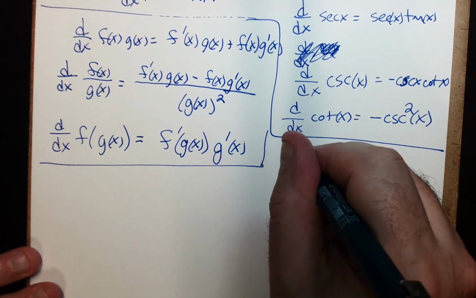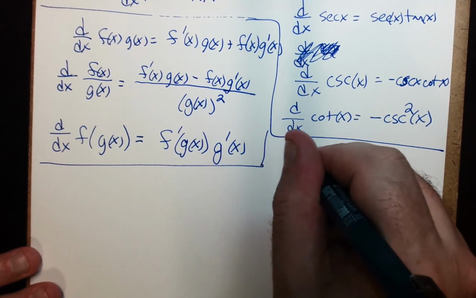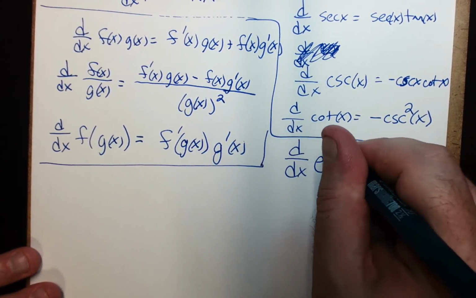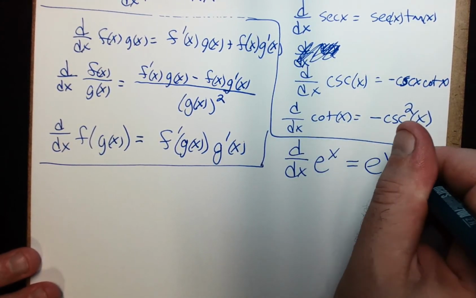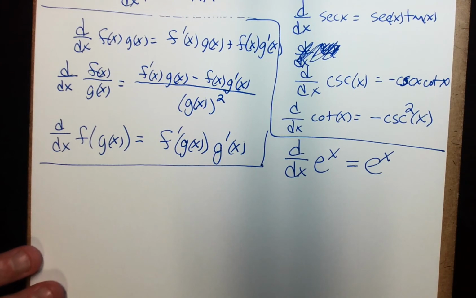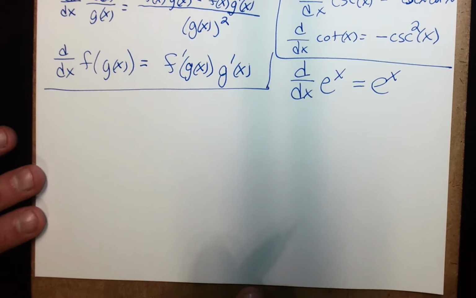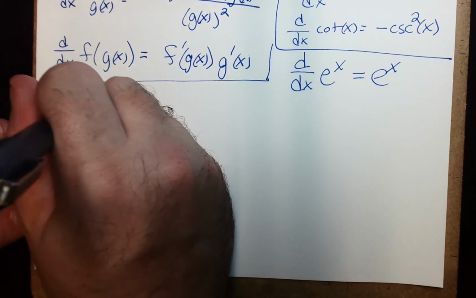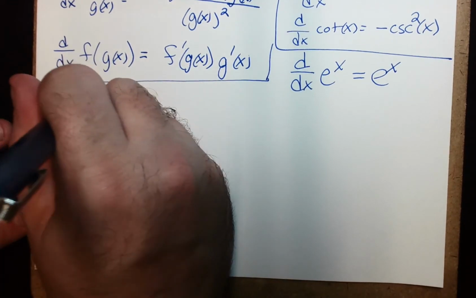All we're doing is we're taking all of these derivatives that we know and we're adding onto the list d dx e to the x is e to the x. Okay, and initially that's going to be very easy. I think the homework kind of jumps in and makes you do product rule and quotient rule and stuff. But we'll do a couple simpler examples.